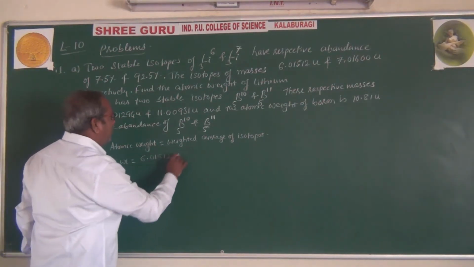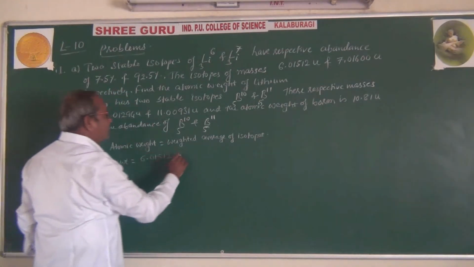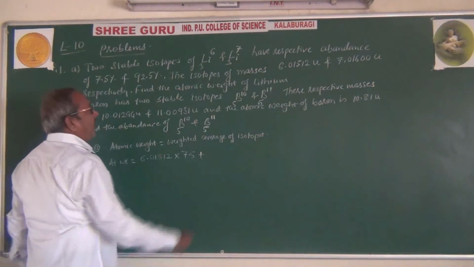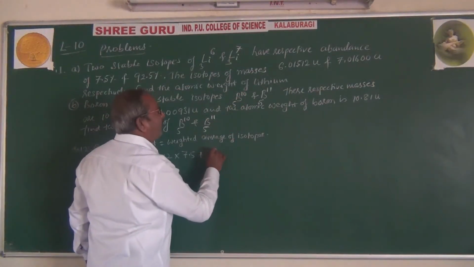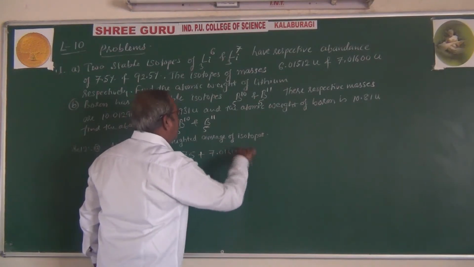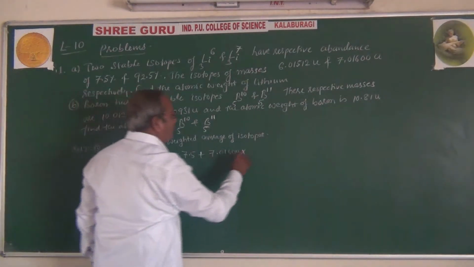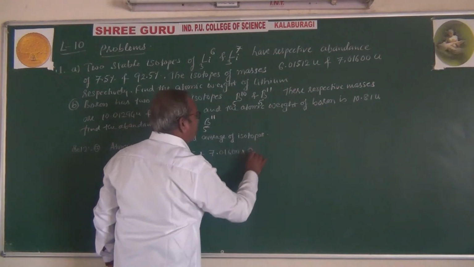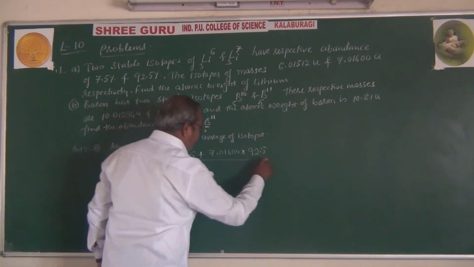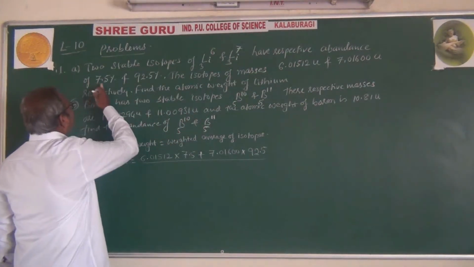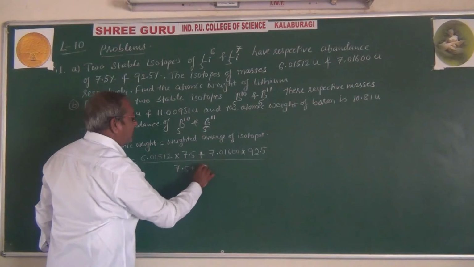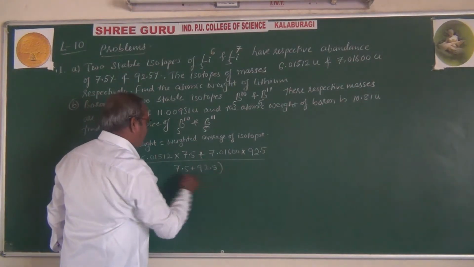6.01512 into its abundance 7.5, plus the other isotope, 7.01600 U, into its abundance 92.5%, divided by the total abundance, 7.5 plus 92.5.